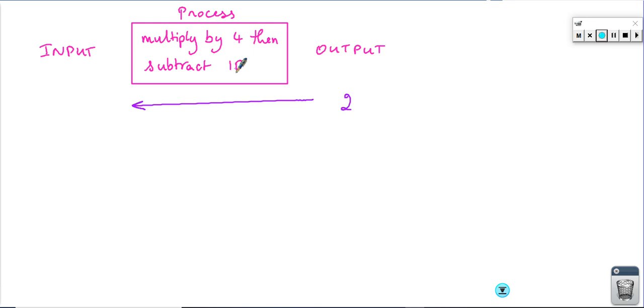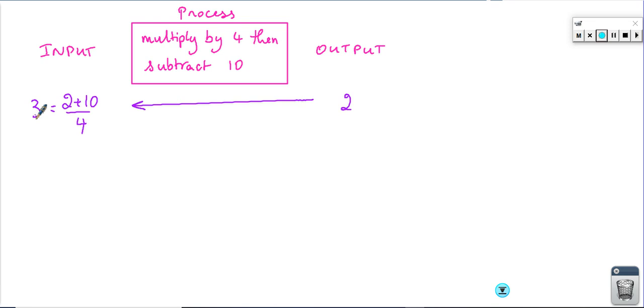So if I have subtract 10, I have to reverse it to add 10. If I have multiply by 4, then I have to reverse it and work out divide by 4. So let's see what becomes here. So I have 2 as an output. Instead of subtract 10, I have to add 10. So that's 2 plus 10. And instead of multiply by 4, I'm going to work out divide by 4. So that becomes 12 divided by 4, which is equal to 3.